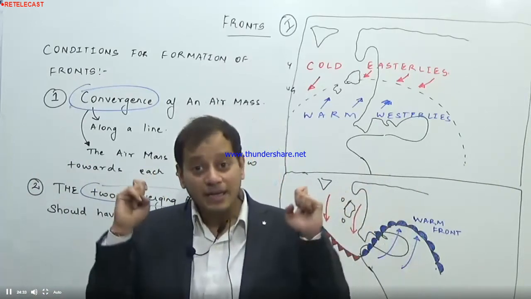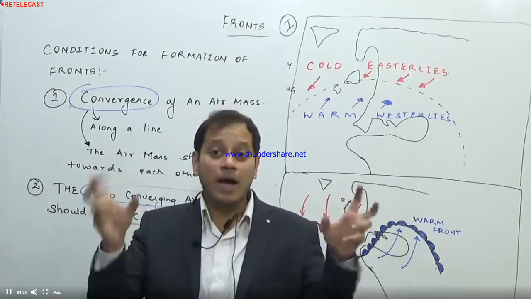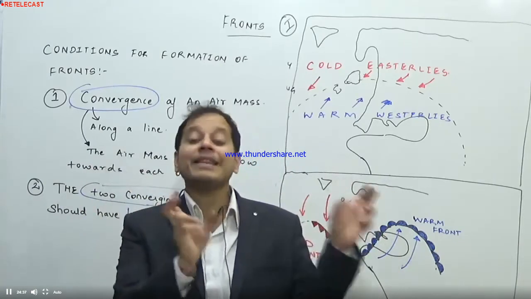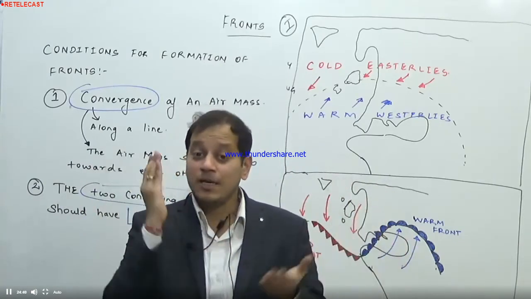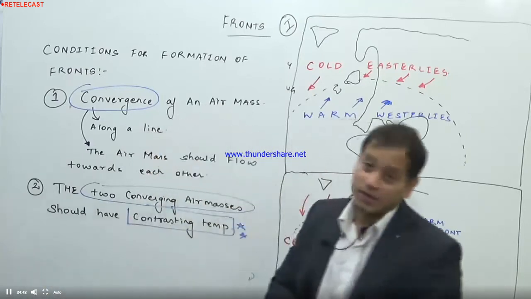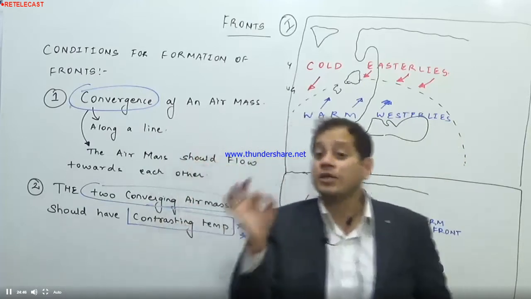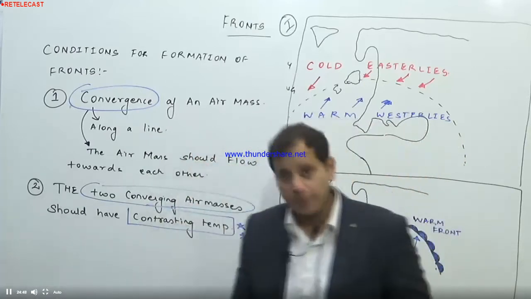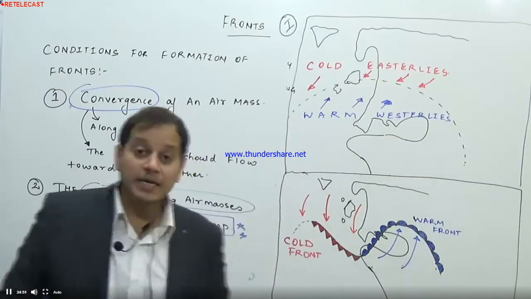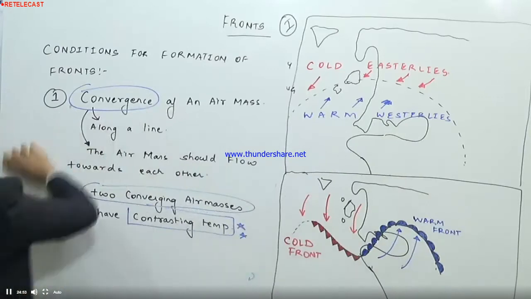Preliminary point is answered here. Why are there no fronts in the equatorial low pressure belt? Because the second condition is not satisfied, because both are trade winds and both have similar properties. Okay, so here are the two conditions for the formation of a front.